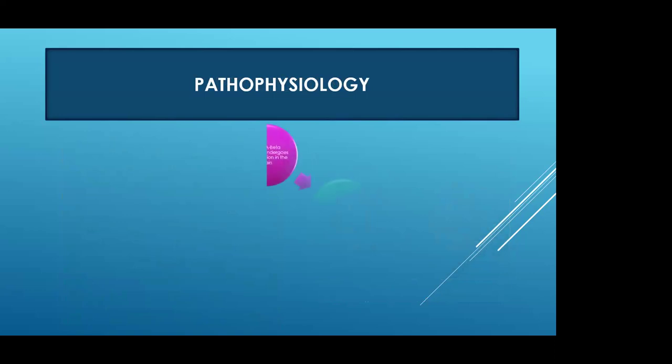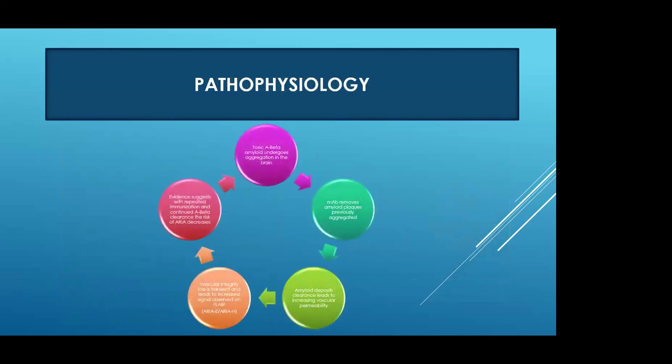A little bit of the pathophysiology of this condition. And again, I'm not going to go into big details right here or different hypotheses and controversial topics about what is right and what is not right. I'm going to essentially talk about what the theory is for this specific condition. So we think it's a toxic amyloid beta undergoing aggregation in the brain.